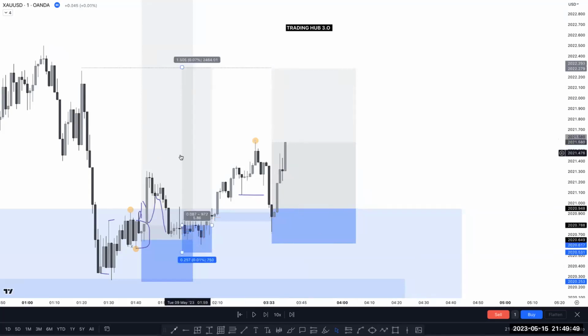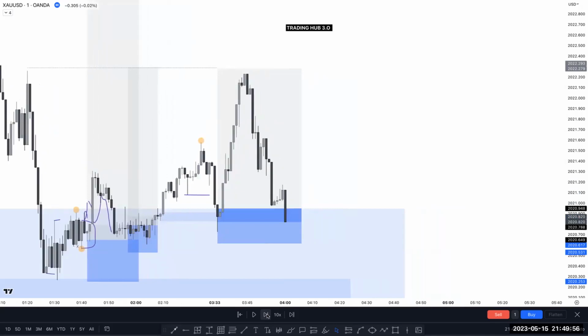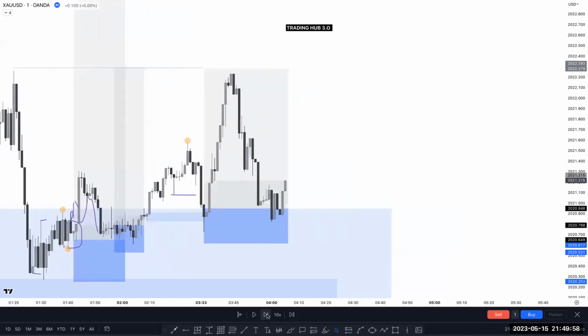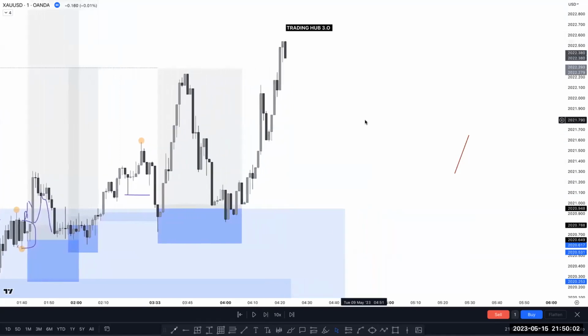If the market closes over it, this is another break of the structure. And then let's see. There's no inducement here.